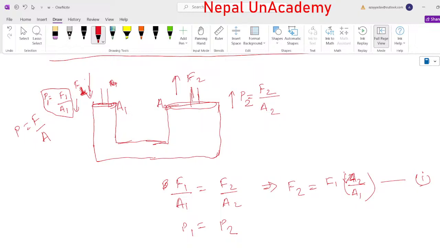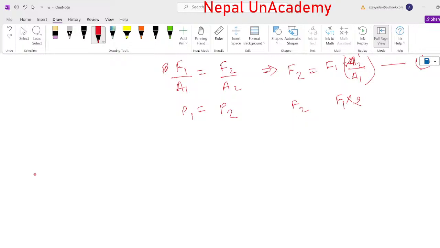So what will it come to? A2 by A1 multiplies F1, and it becomes 2A1 by A1. A1 cancels, so this becomes 2. So 2F1 results when it is doubled. Let me write more clearly here.